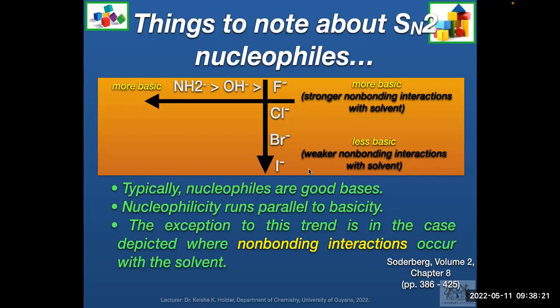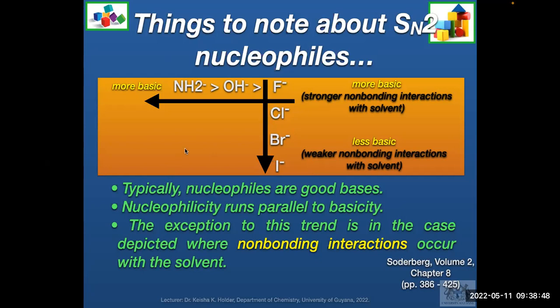And the exception that is important to be aware of is the antiparallel exception, where we see that nucleophilicity does not run parallel with basicity. The context in which that is present is when we are making a comparison between elements in a group.